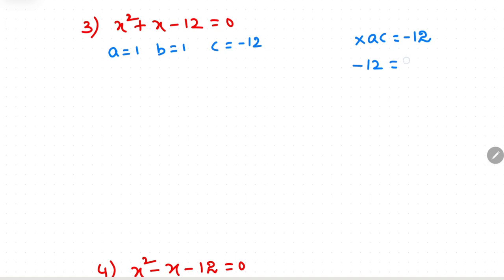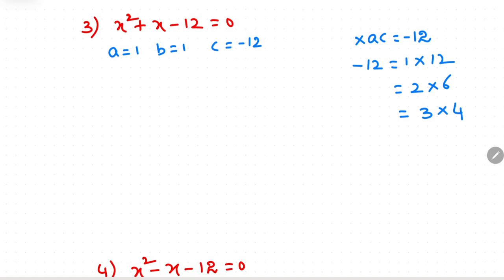Now write the factors: 1 and 12, 2 and 6, 3 and 4. Here on multiplication we are getting negative, which means either of these two, either 1 may be negative or 12 may be. Similarly either 2 or 6, either 3 or 4.